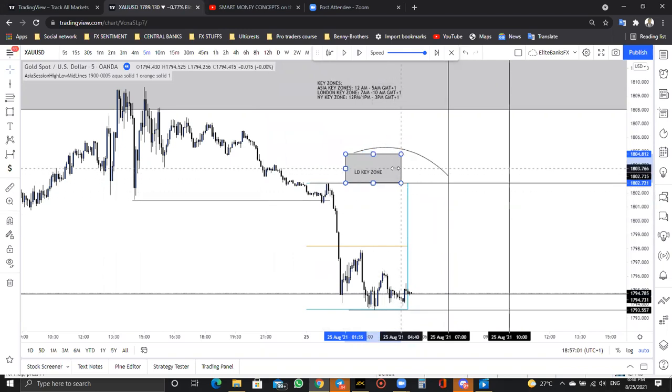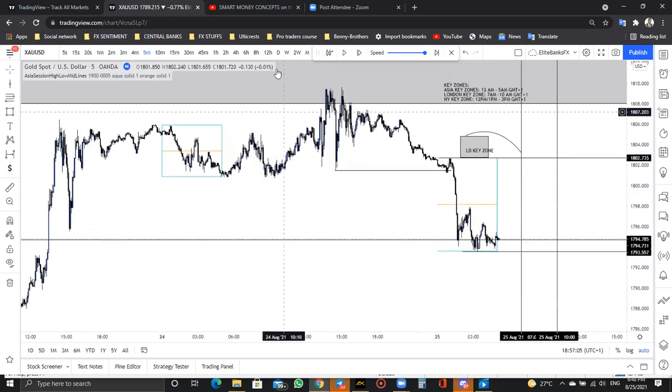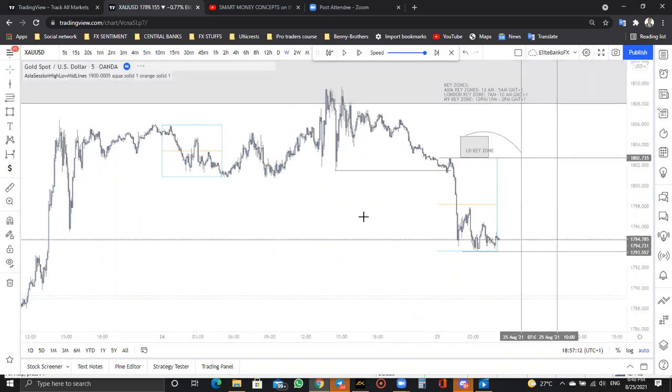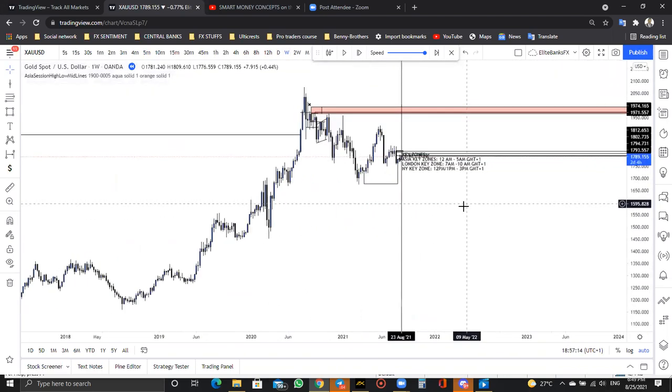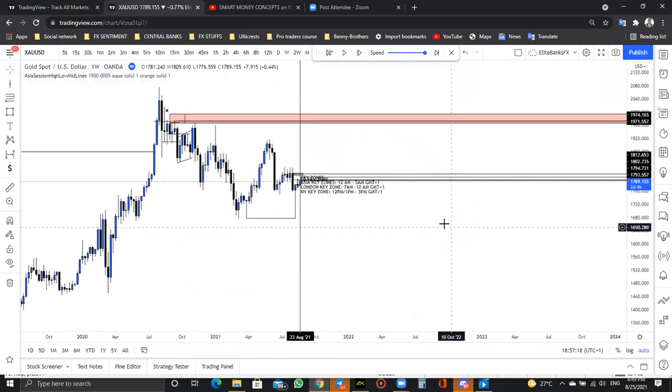I don't just jump in fast and start marking. No, I want to see what is happening in the 1 week time frame. That is my thing.